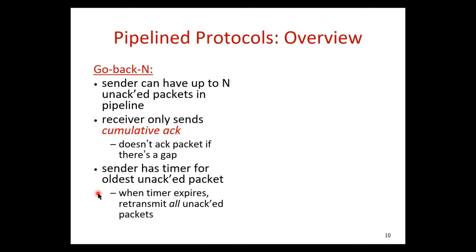In the case of go back N, the sender will have one timer, a single timer, only one timer for the oldest unacknowledged packet. So when the packet is sent, it will start a timer, but there's only one timer which is running for the oldest unacknowledged packet.